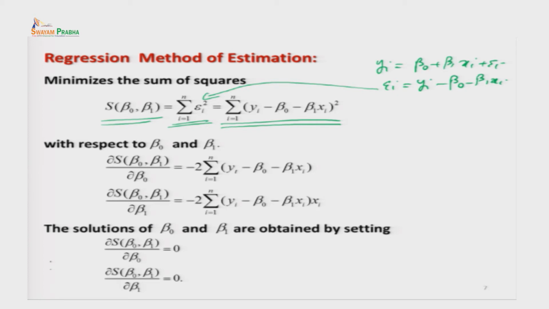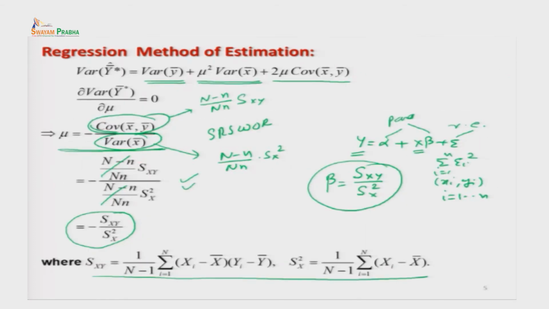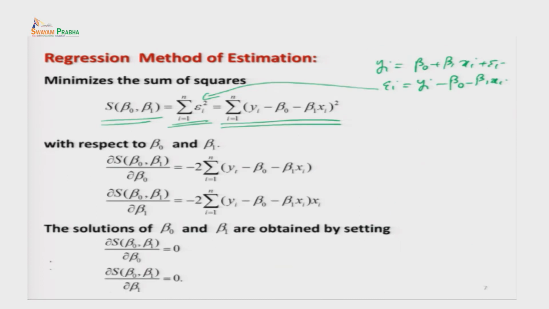Well, in this case also, where I have found this mu, I would say that if you find the second derivative of variance of y bar star with respect to d mu square, and put here the value of mu which you have obtained here as minus Sxy upon Sx square, and then check the sign of this derivative, you can decide whether it is really minimizing the variance.